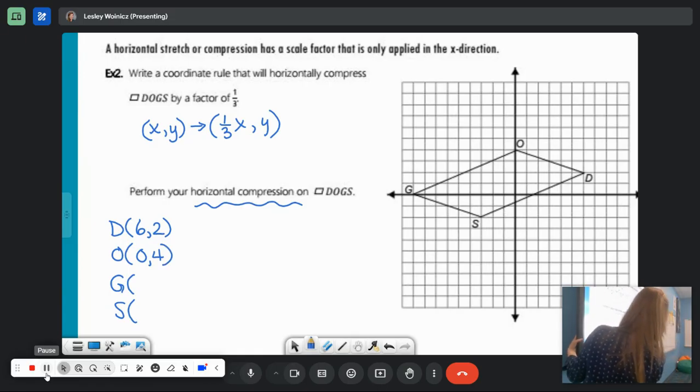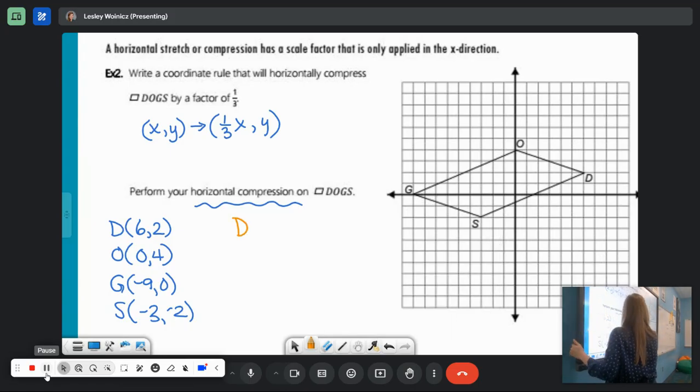Negative 9, 0. Is it negative 9? Yep, negative 9, 0. And S, negative 3, negative 2. Okay.